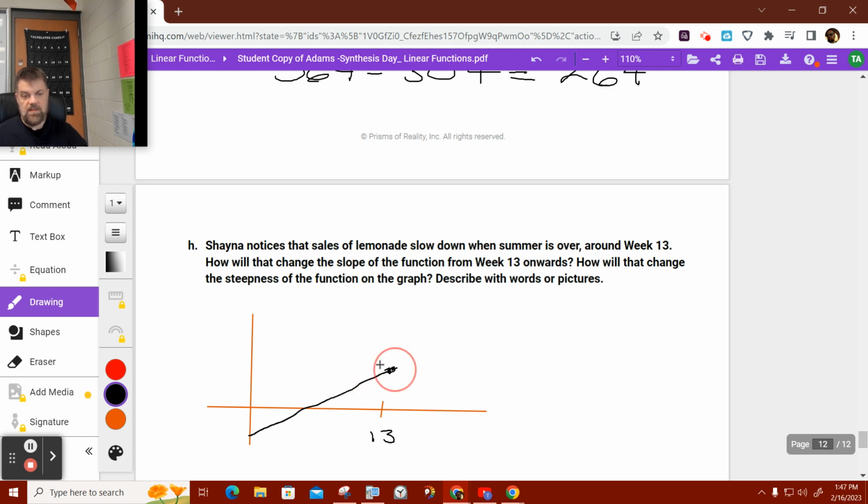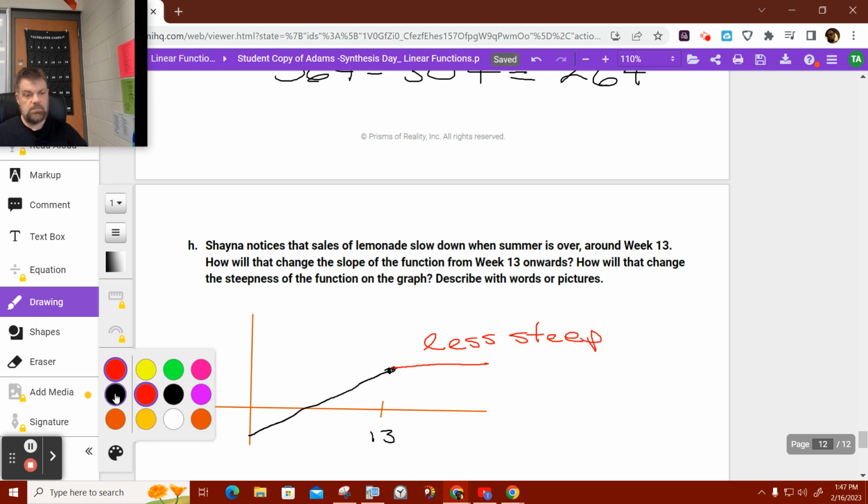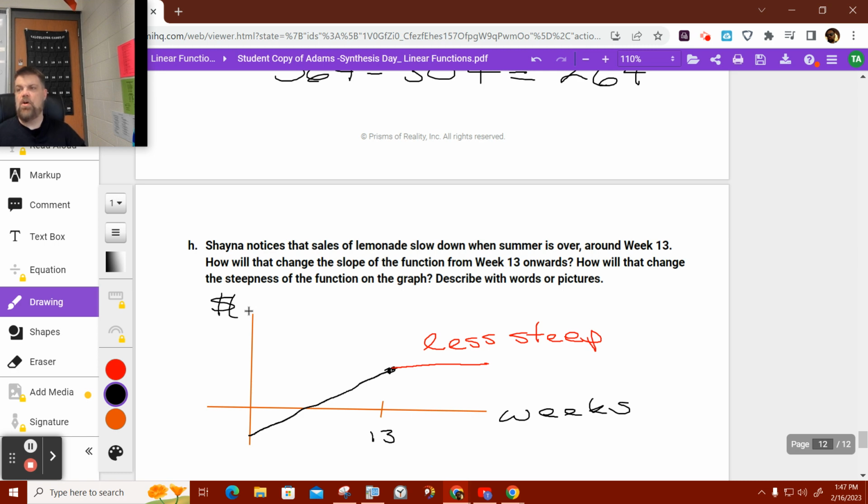And then the graph is less steep. Does that make sense? That's all you got to do. This is weeks, and this is dollars. See, we're able to finish the whole thing.